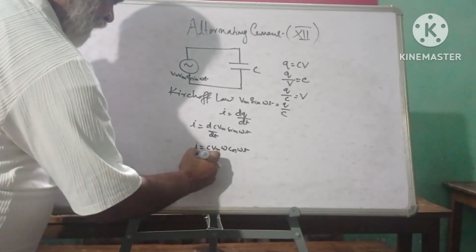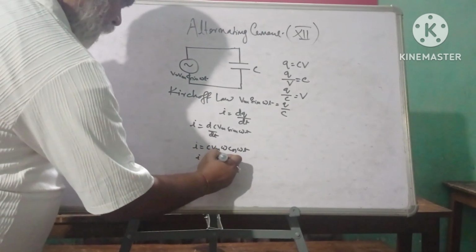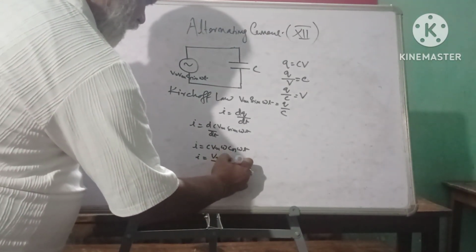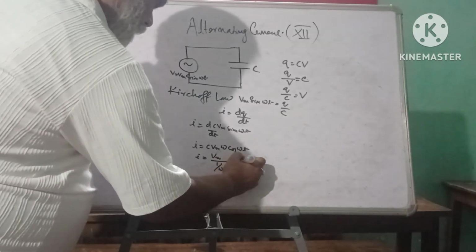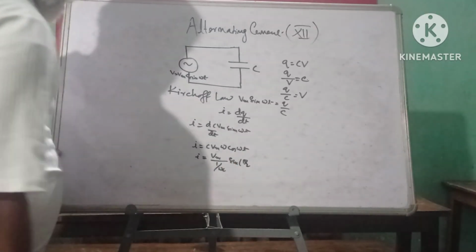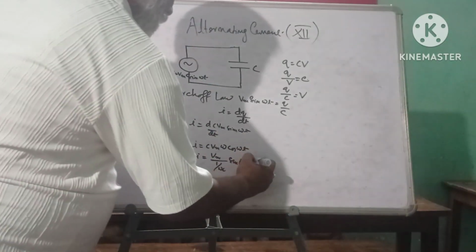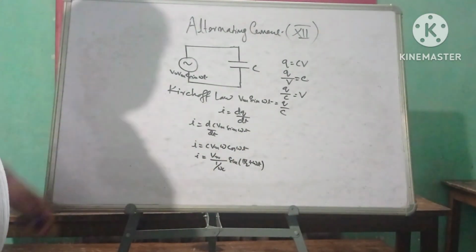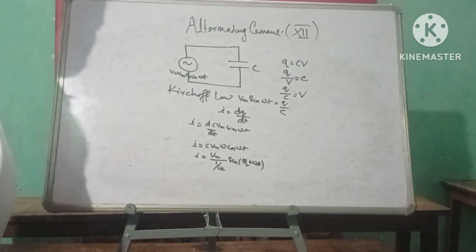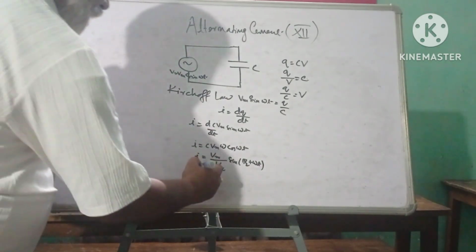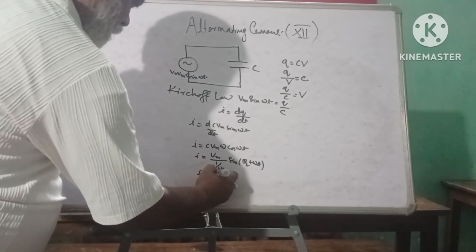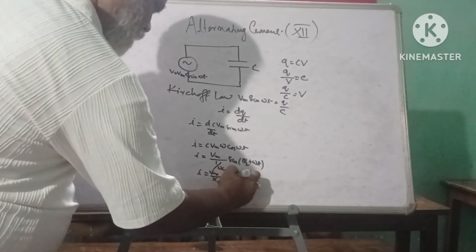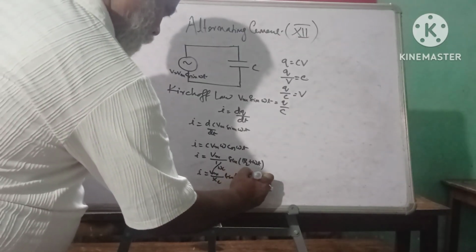So I is equal to Vm times 1 by omega C times cos omega t, and instead of cos we can write sin(pi by 2 plus omega t), because sin(90 plus theta) equals cos theta, as in the second quadrant sine is positive. So I will be equal to Vm by Xc sin(omega t plus pi by 2).